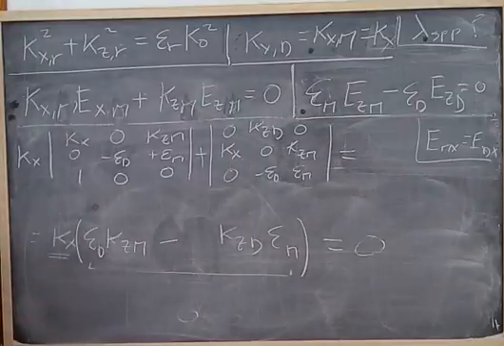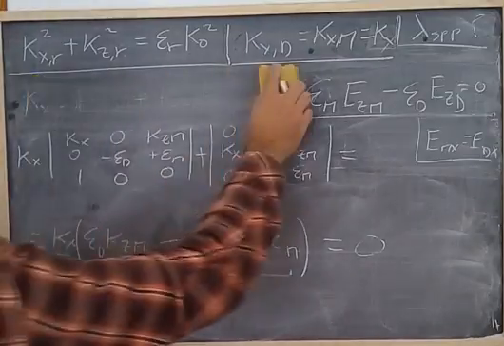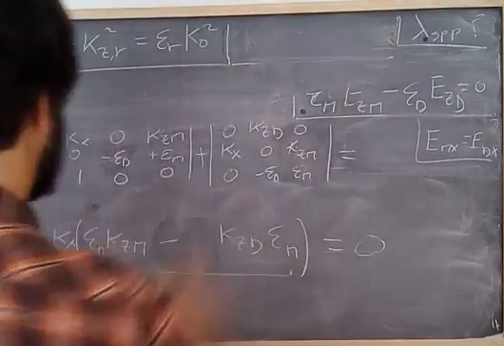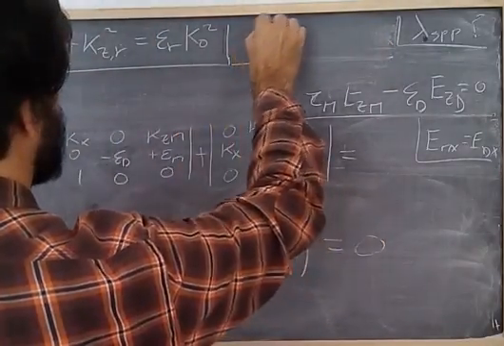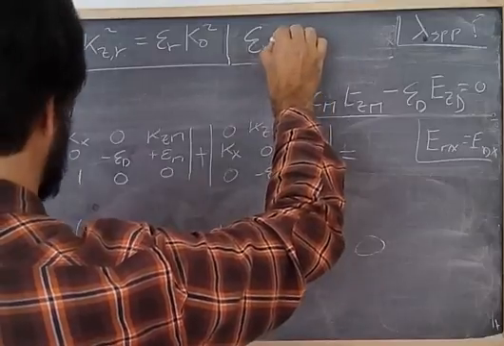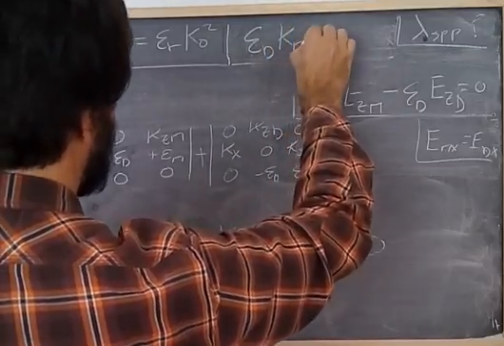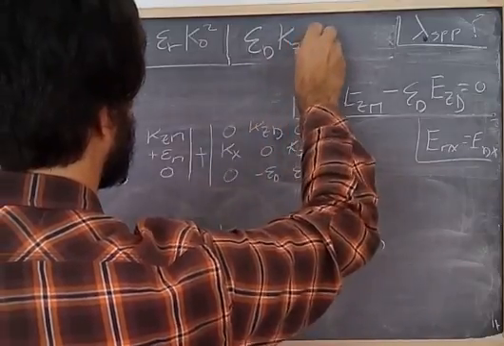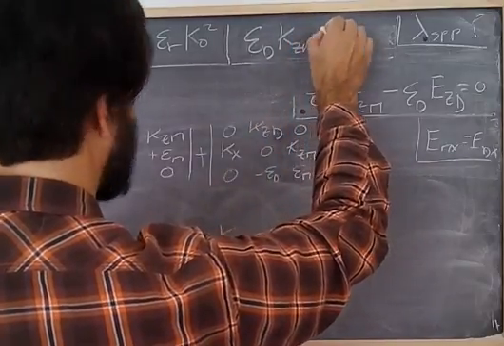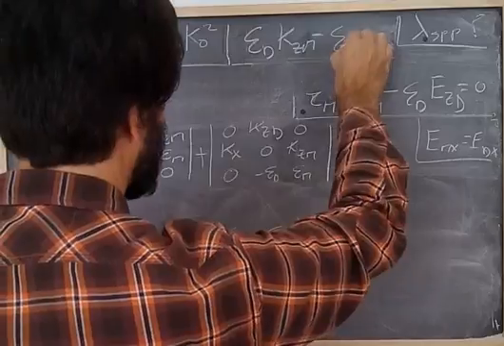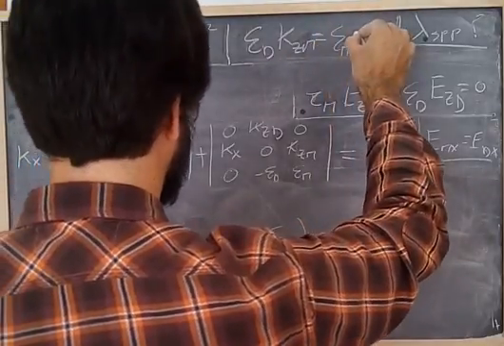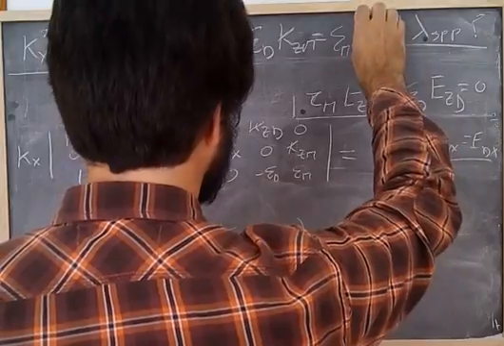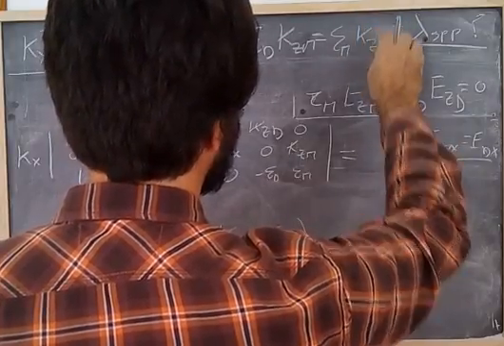The condition is then epsilon d Kz m minus epsilon m Kz d equals 0.